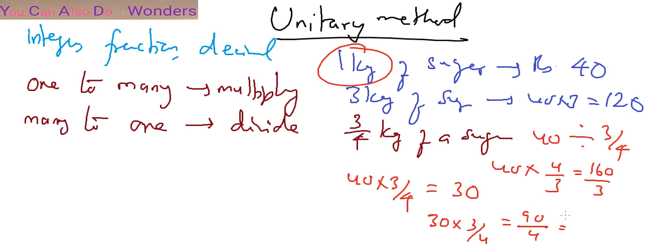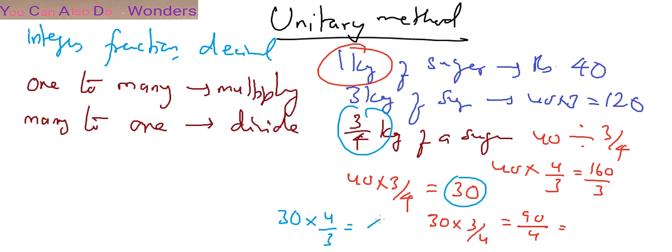So what to do? Even in this case we need to divide. 3/4 of a kg is 30 rupees. So the cost of 1 kg of sugar is 30 divided by 3/4, so you multiply by the reciprocal, which is 4/3.